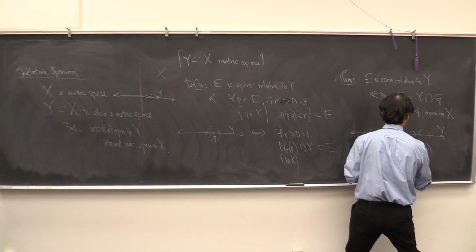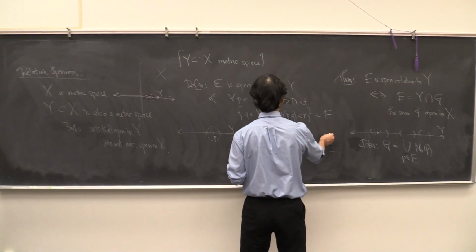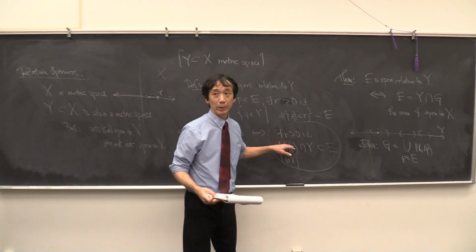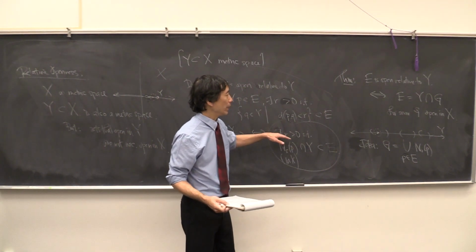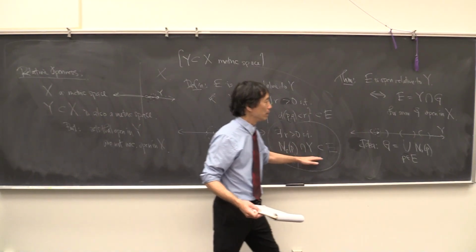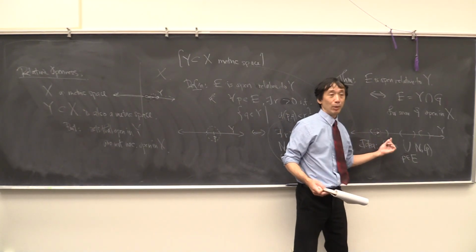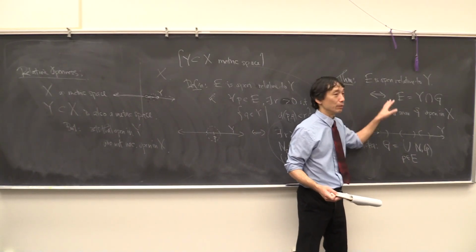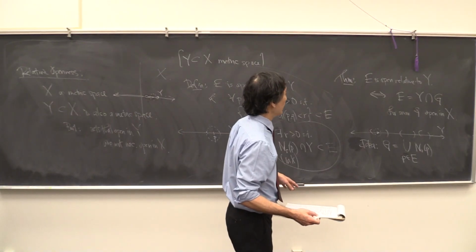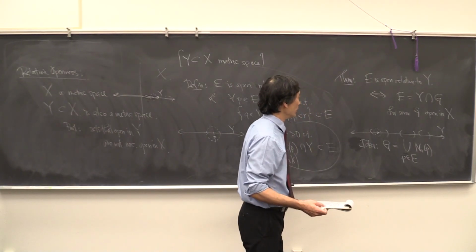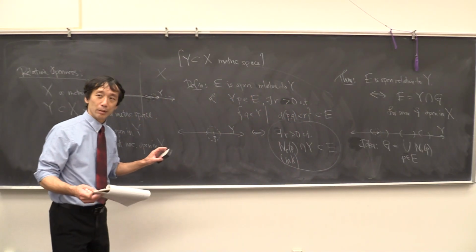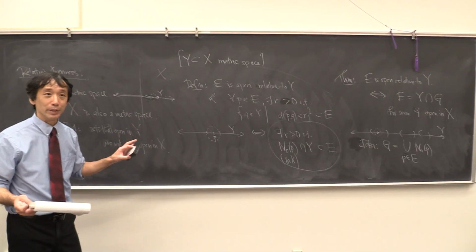From the definition of being relatively open, there's this ball for each point P in E. So for each point, take that ball, and then take the union of them, and that's the G you're looking for. And going back is also pretty much the same. I'm just going to leave that one like that.